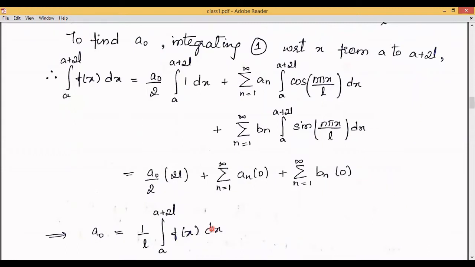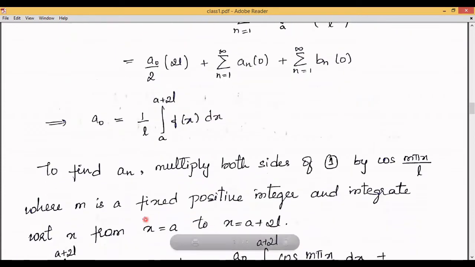Let's move on to the second Euler's formula, how to find an. To find an, we'll multiply both sides of 1 by cos(mπx/L), where m is a fixed positive integer, and integrate with respect to x from a to a plus 2L.